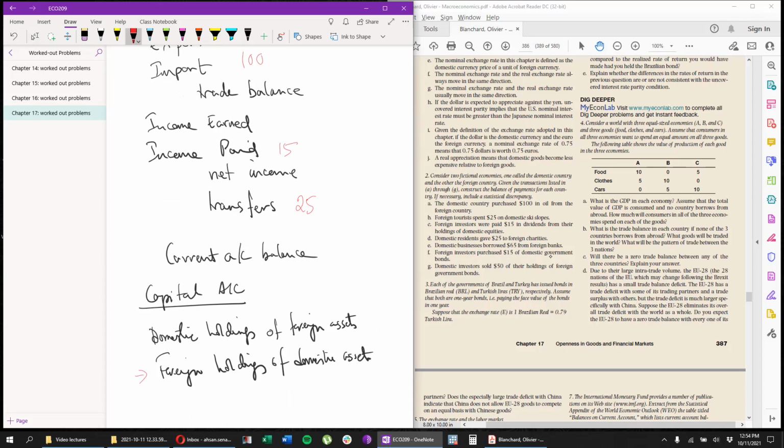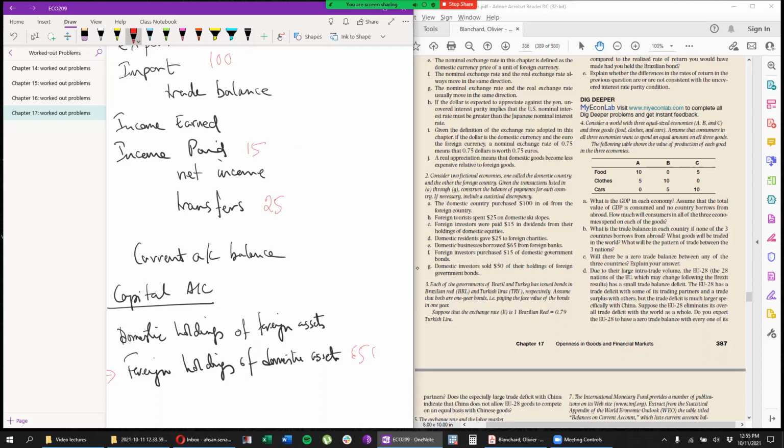Because these foreigners now owe assets worth 65 to us. So we add 65 here. That's E. Part F, foreign investors purchased 15 of domestic government bonds. So this is also increasing foreign holding of our domestic assets.